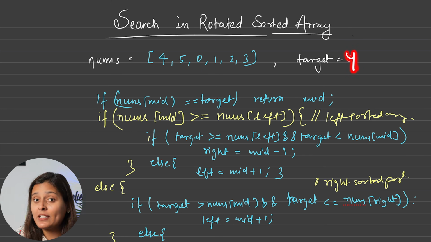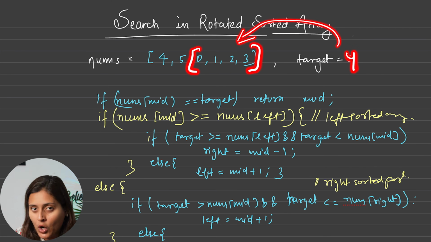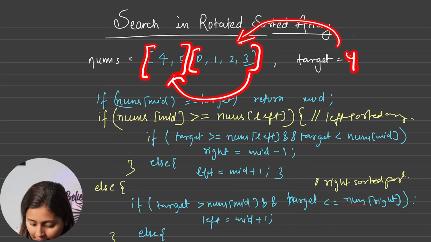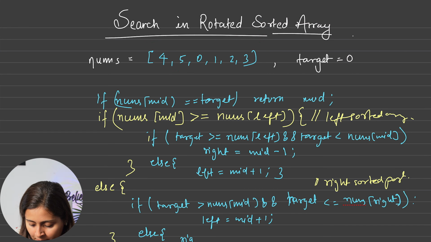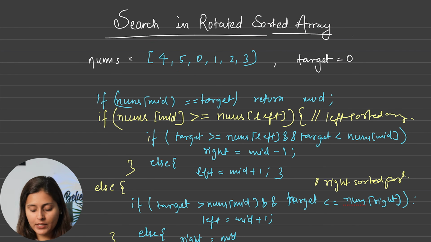So even if the right part is sorted, but our target does not lie in this range, we have to search our target in the left half. Yes. And for that we have to do right is equal to mid minus 1. Very good.